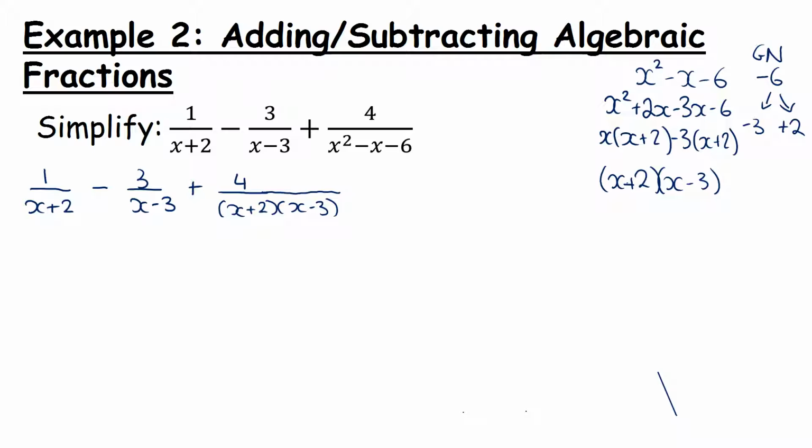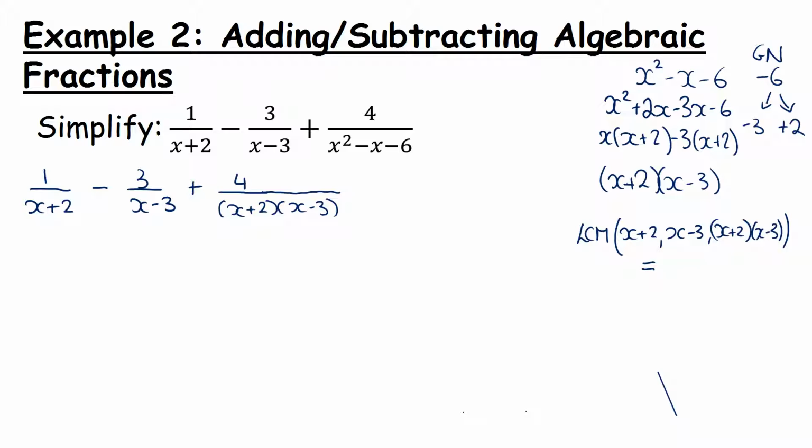So now we're going to get our common denominator. We're going to look for what's called our lowest common multiple of x plus 2, x minus 3, and x plus 2, x minus 3.